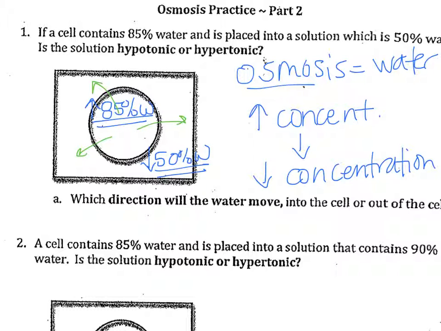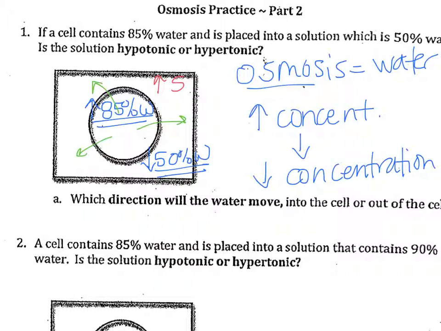Now, some of you already remember if water leaves a cell, what kind of a solution that is. But if you haven't memorized that, and you don't need to, there's a quick way to figure this out. The way that I like to do it is that I already know my concentration of water, and solute is an inverse relationship. So if water is low in the solution, I know that I have high solute.